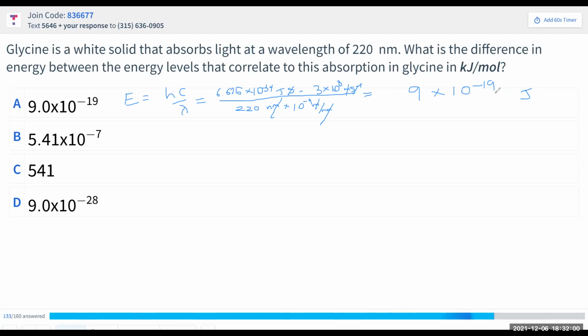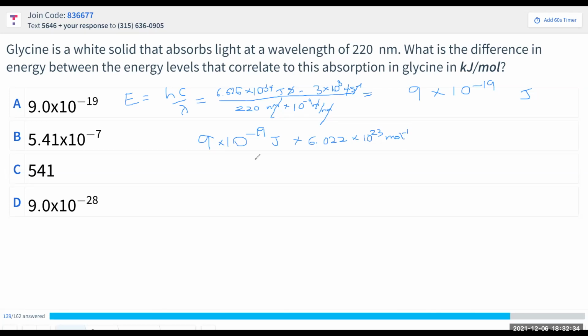But the question is asking for the energy of a mole of photons. So you take this number, 9 times 10 to the power of minus 19 joules, and multiply it by Avogadro's number, which is 6.022 times 10 to the power of 23, because that's how many photons you have in a mole.